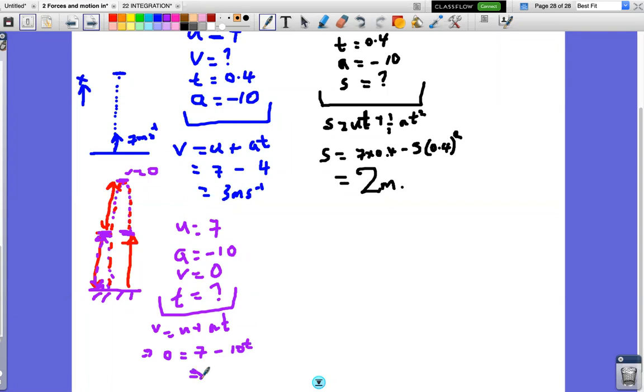That gives us t to be 0.7 seconds. So like we suspected, it will reach its maximum height 0.7 seconds later, meaning that 0.9 seconds later, it is on its way down. So we need to first calculate the maximum height.